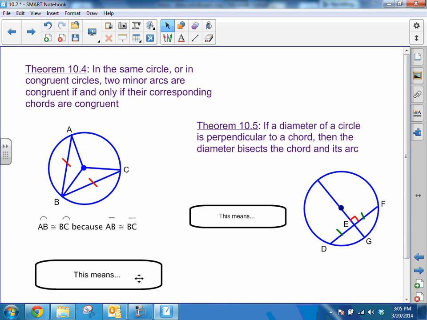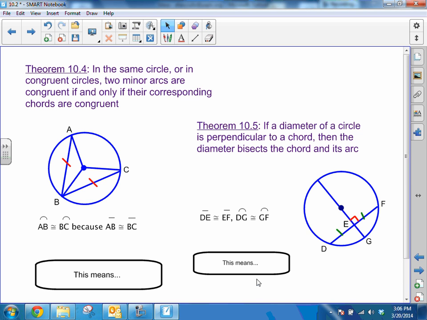We don't want to say that a chord is congruent to anything other than another piece of the chord. So segments are congruent, and then arcs are congruent. So Ryan, what's the other piece? What are those? They're arcs. So arc DG is congruent to arc FG. So you got to make sure you're specific on what these things are.